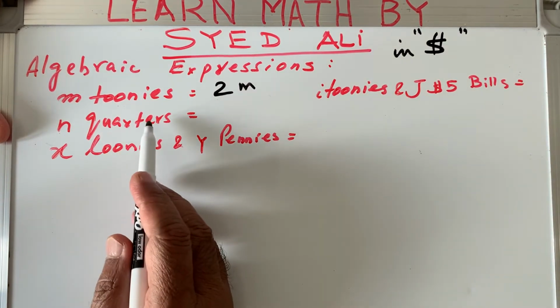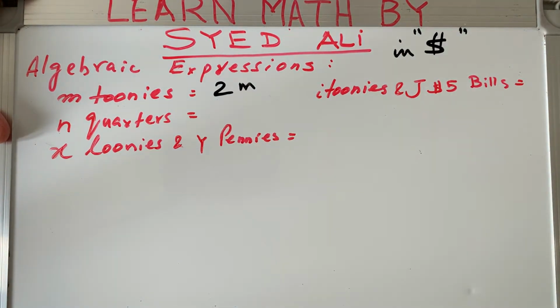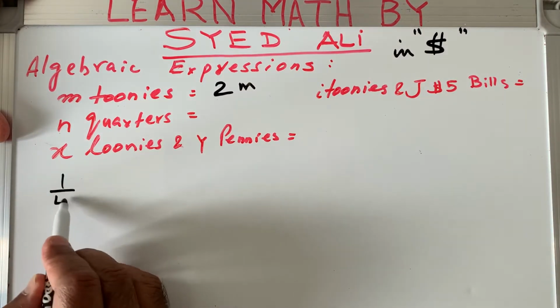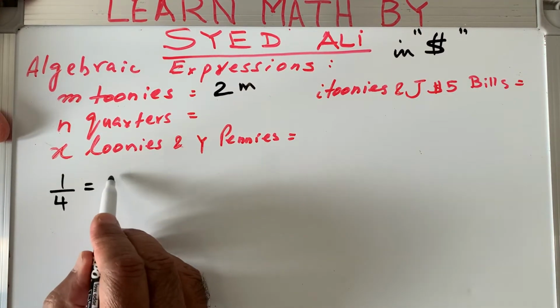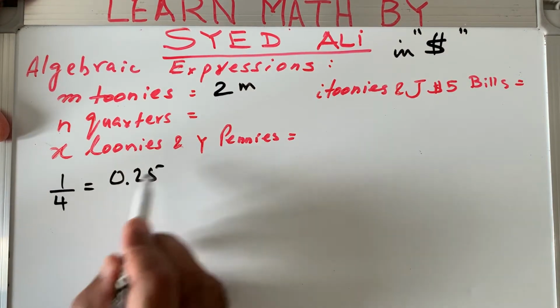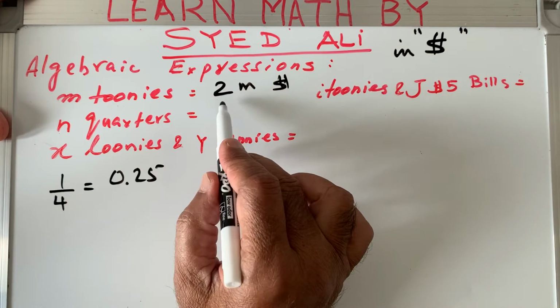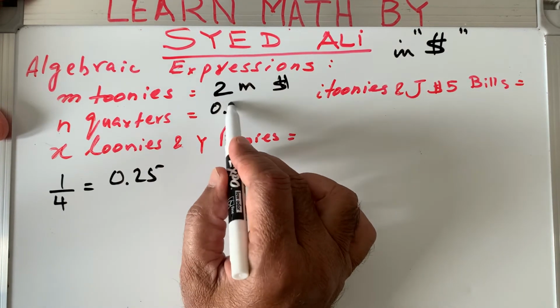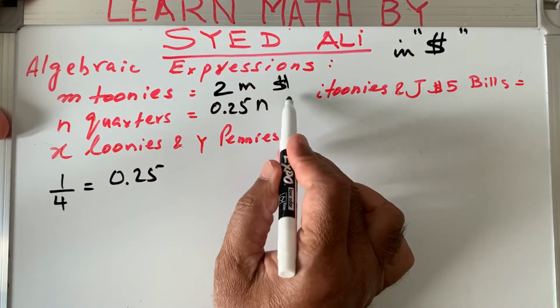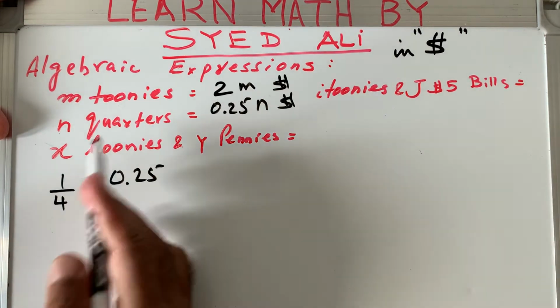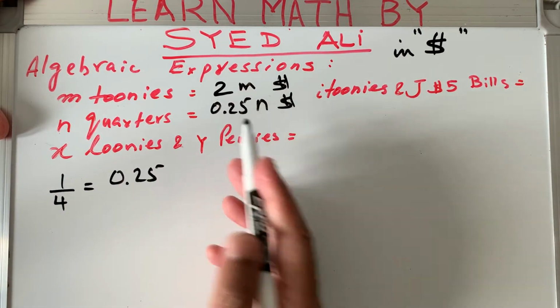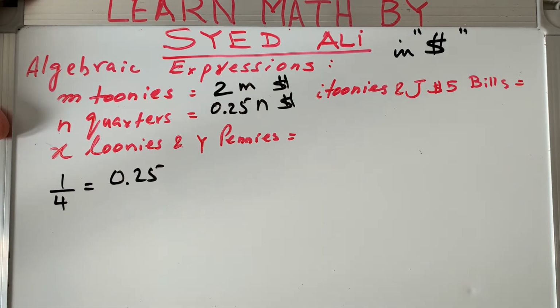N quarters. Now, a quarter is 1/4 of a dollar, and 1/4 means 0.25, right? So in terms of dollars, how can I say it? I will say 0.25N. No matter how many quarters I have, I have to do 1/4 of it, or multiply by 0.25, to get my dollars, right?